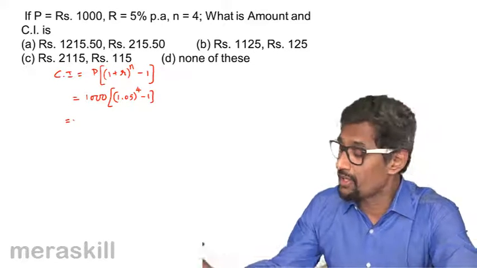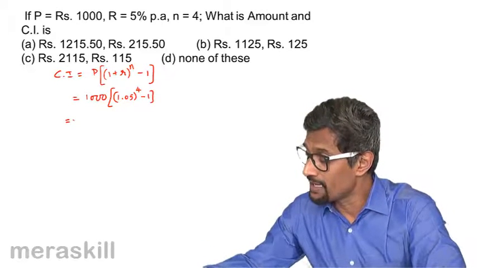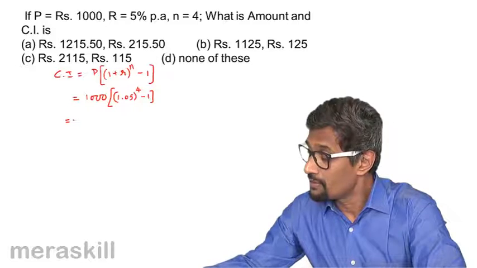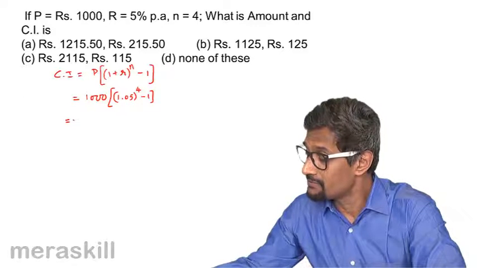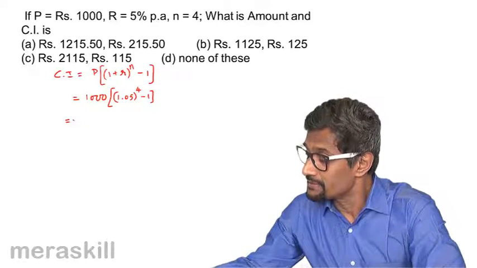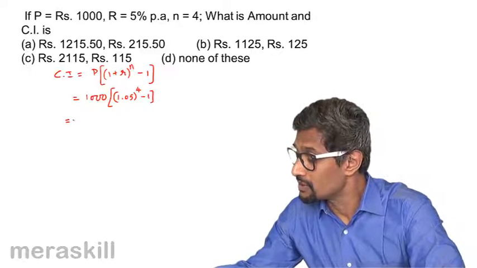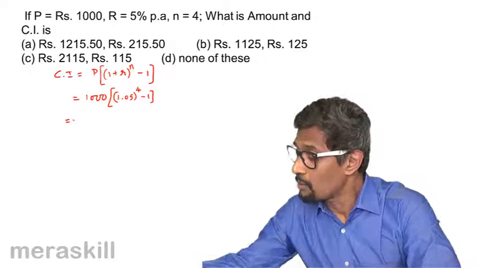So what do we do here? We have 1.05 multiplied by itself. So it turns out to be 1.215.